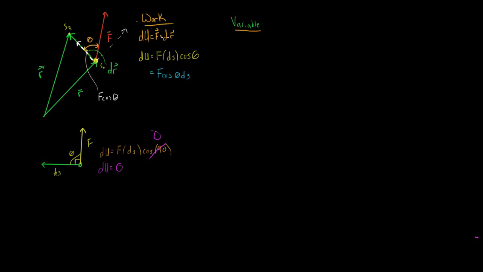So if we have this dU, we're going to integrate it, and we're going to get our work from 1 to 2 is equal to the integral of F times the cosine of theta times ds. And ds means we're going to go from S2 to S1. And this is going to be our final expression for a variable force.